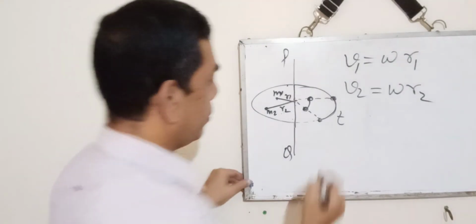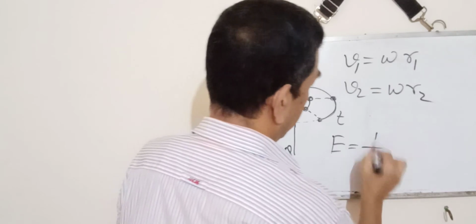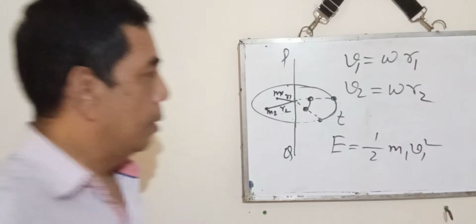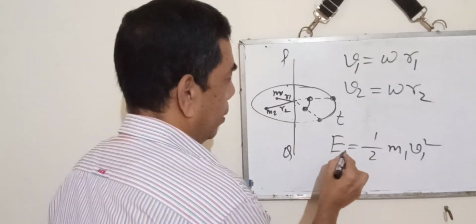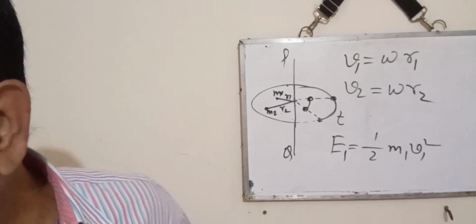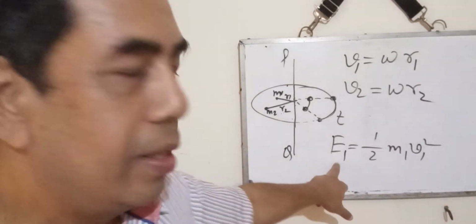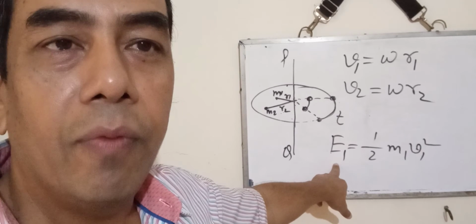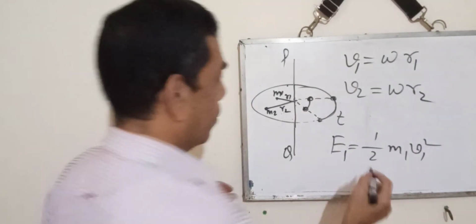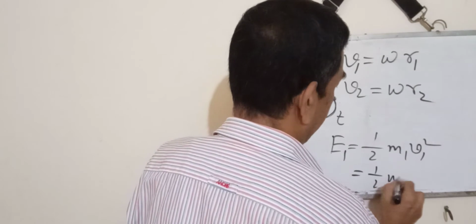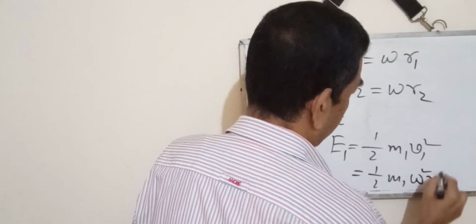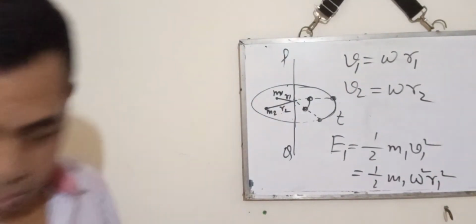Now this is the kinetic energy of the m1 mass, half m1 v1 square. Half m1 v1 means omega r1, so half m1 omega square r1 square.